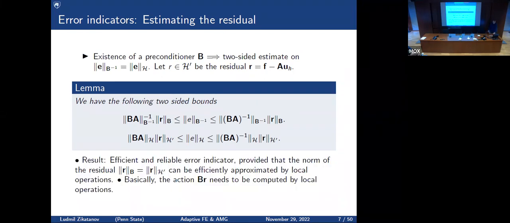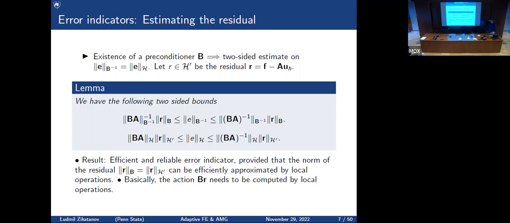Okay, so I kept the lemma here. So if we have, as I said, a preconditioner B, then we have a two-sided bound on the error. If we find a way to compute locally its action, because the condition number is given by what? It's given by the inf-sup condition and by the continuity constant. So those are things that depend on your continuous problem. You cannot change this, okay?